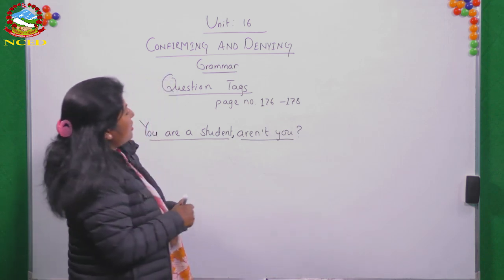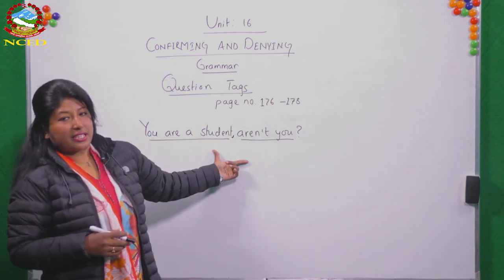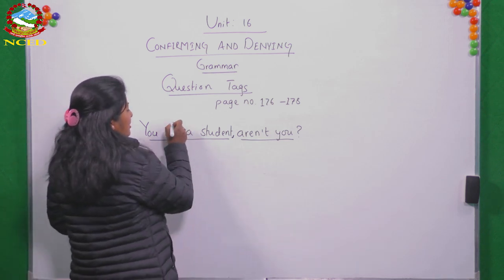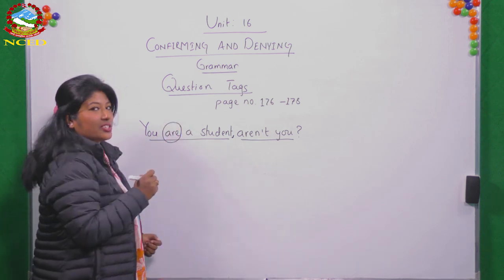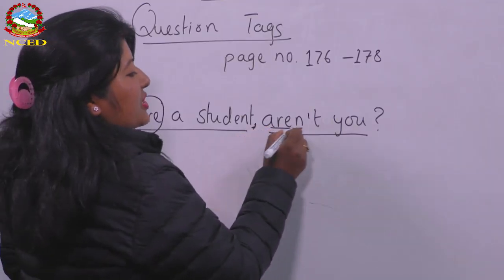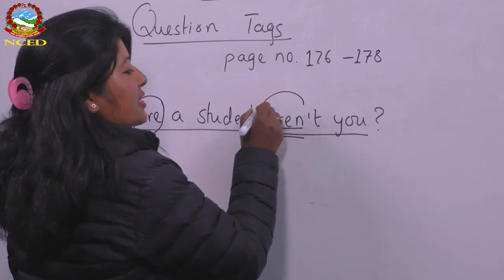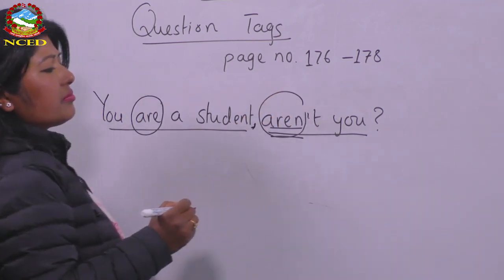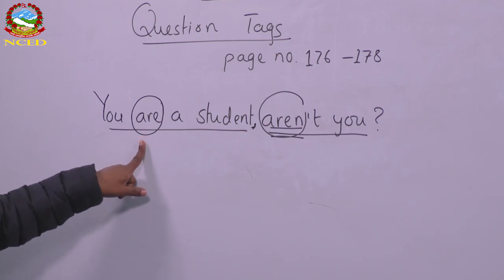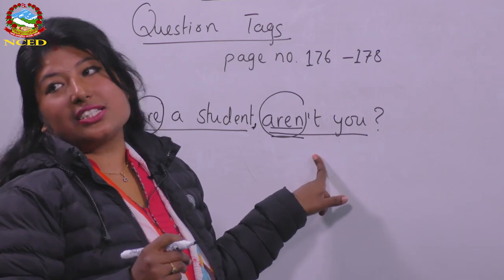Alright. So what else can we remember from this example? Okay, the next thing is, you can see here "aux". It means auxiliary verb, okay? The auxiliary verb is repeated, right? The auxiliary verb repeats over here. So if there is an auxiliary verb in the statement, the same auxiliary verb is repeated in the question tag.